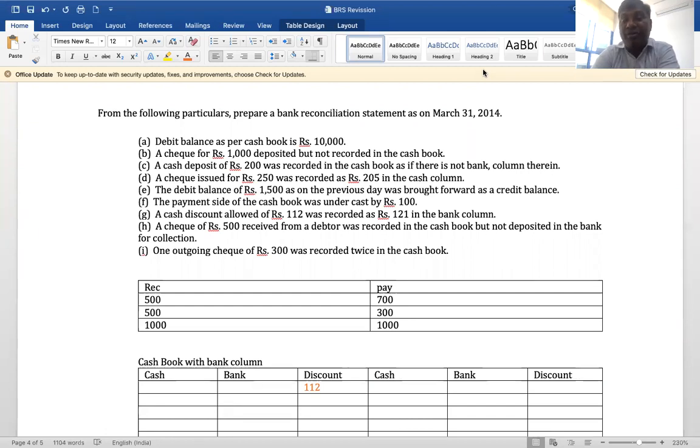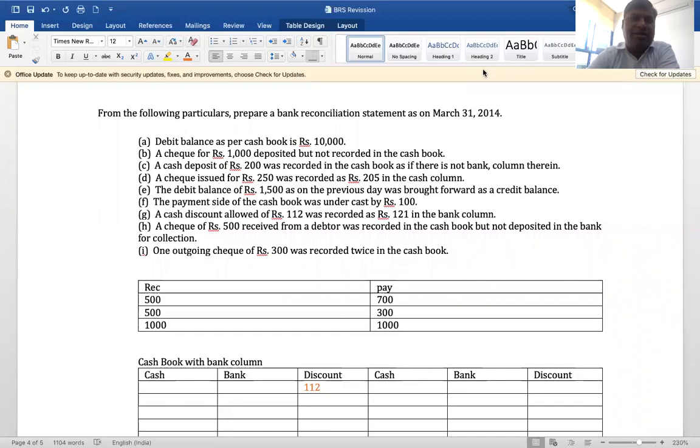Other than these two reasons, there are non-error reasons, like there may be a check recorded in your cash book, but the same is not sent for presentation to get the cash by your creditor.